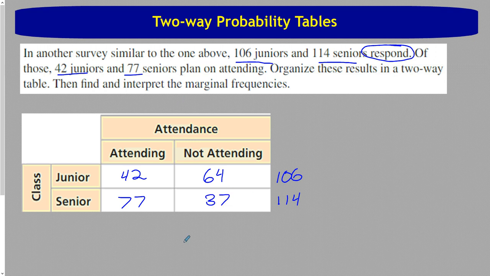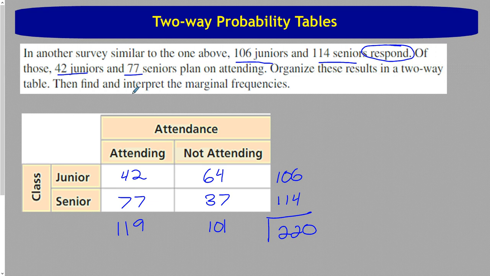So we have some of the marginal frequencies. Now we just need these two. So attending, 42 and 77 would be 119. 64 and 37, that's 101 not attending. So the total here, 220, it looks like. And if we did everything right, that should work this direction also, and it does.